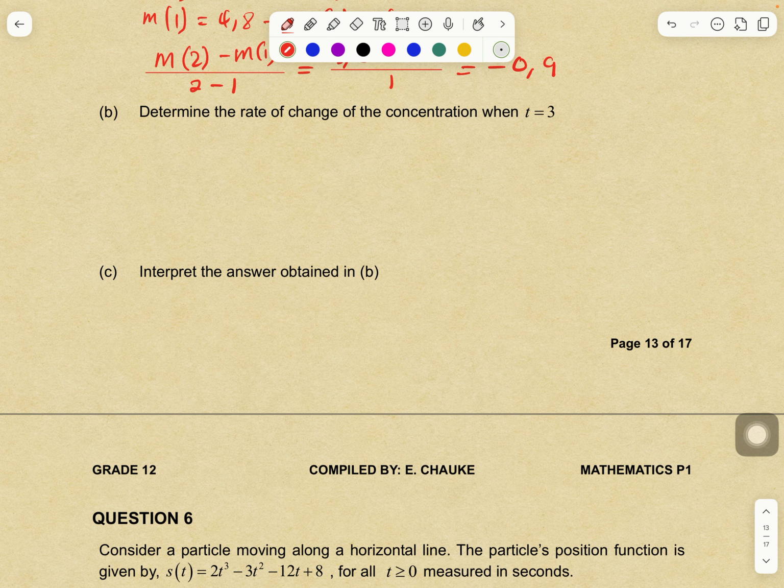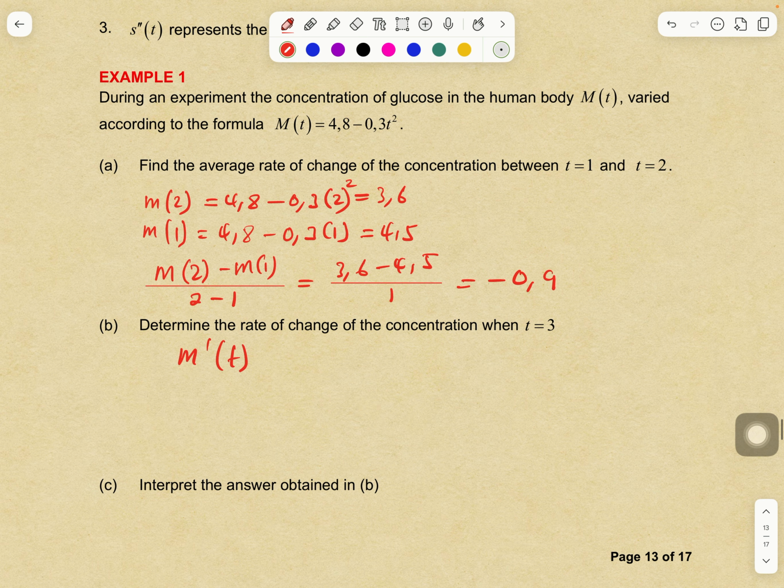So if I were you, I would derive it to get M prime at T. That's a constant, so it's 0. So 0,3 multiplied by 2 gives us 0,6, but it's negative because of that negative in front of 0,3. So this is negative 0,6 T.